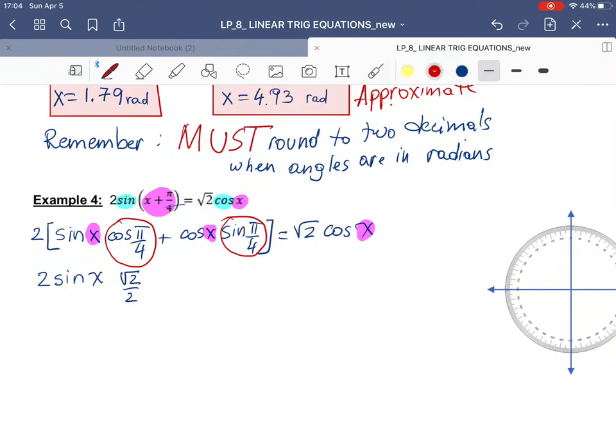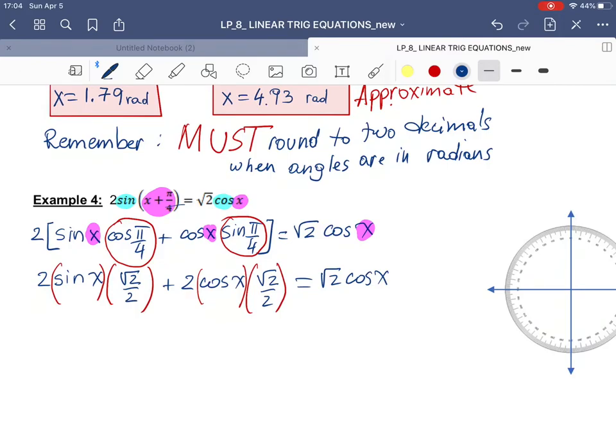I would make sure that I bracket sine x and I bracket root 2 over 2. That's because I don't want to confuse myself thinking, oh, x is multiplying root 2 over 2, so that's the angle, because we all know it's not true. Then we have plus 2 cosine x. Sine pi over 4 is root 2 over 2, again in brackets, and that equals root 2 cos x.